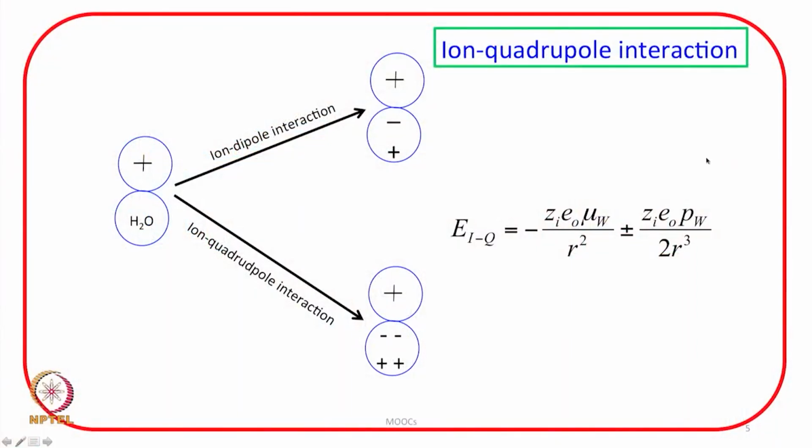How do sodium ions see the water molecule? Does a sodium ion see the water molecule as a dipole, or does it view it as a quadrupole? It will depend upon how closely you are seeing. It will depend upon the distance between the ion and water.